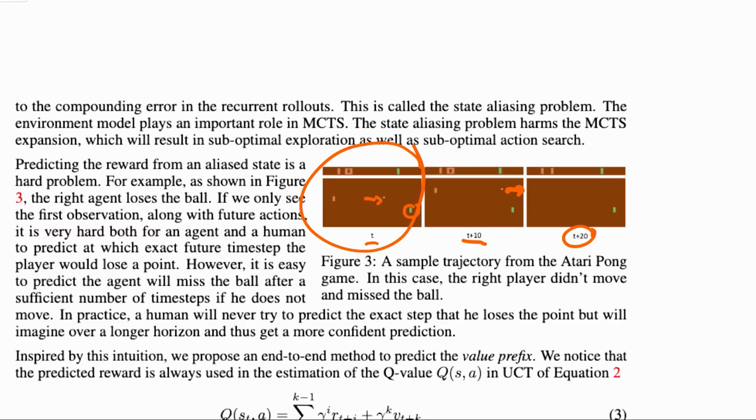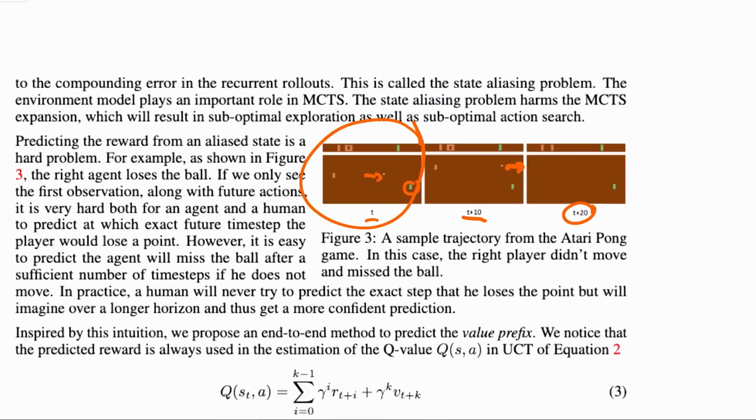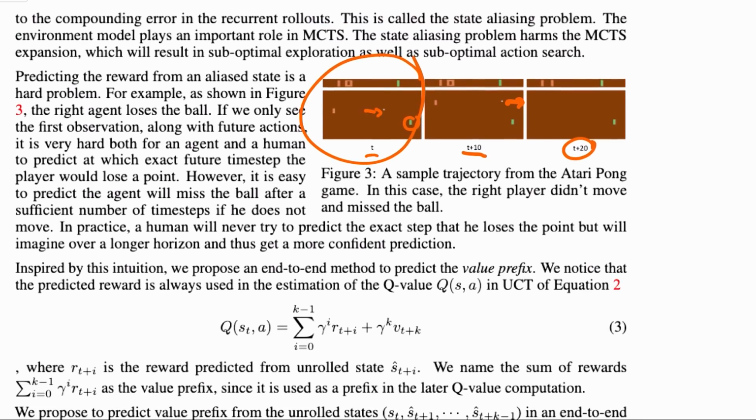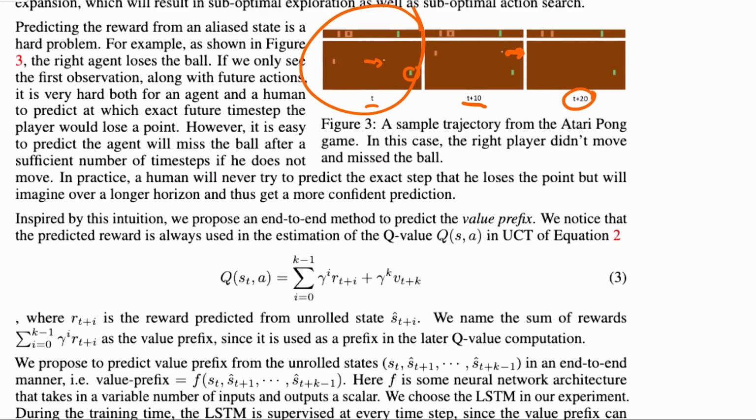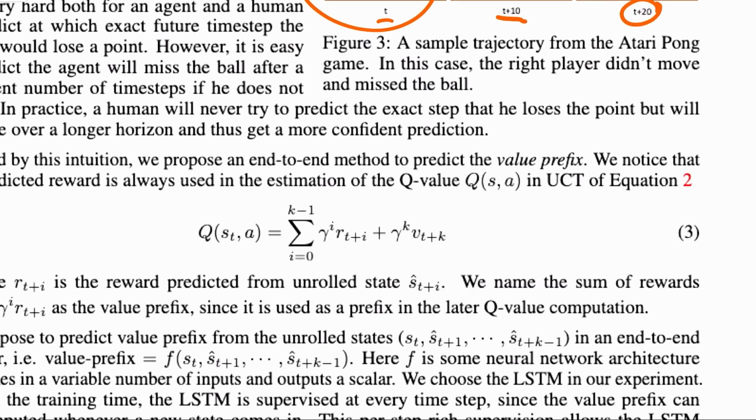And that's an argument they make for essentially saying, if we add up the rewards of our own predictions, they can introduce a lot of mistakes. But that's exactly what we do. If we look at the Q value that we use in this tree search, what we do is we add up the rewards that we got in the path so far, and we add the value at that particular path.